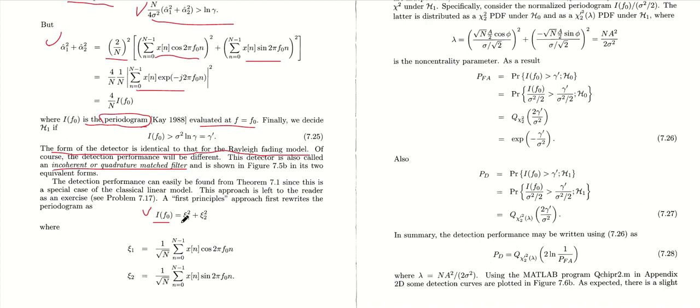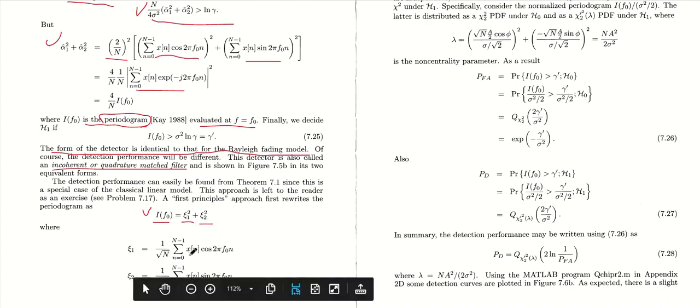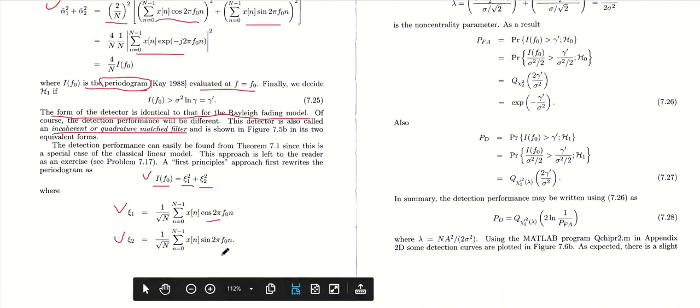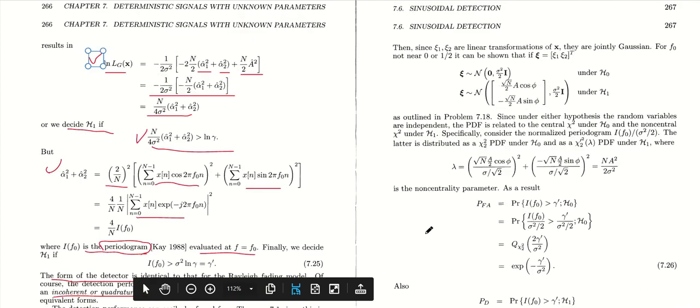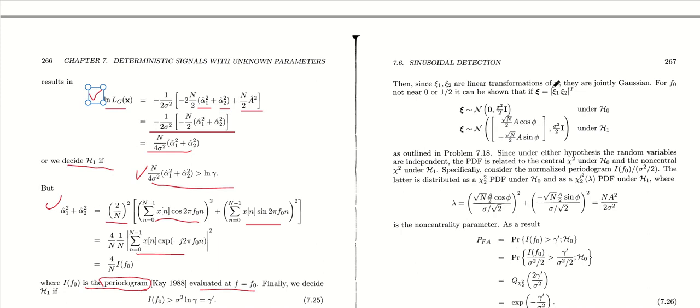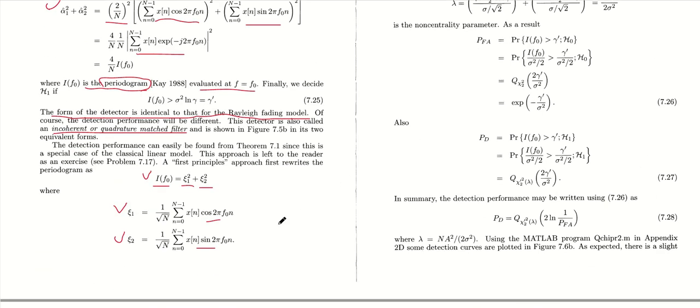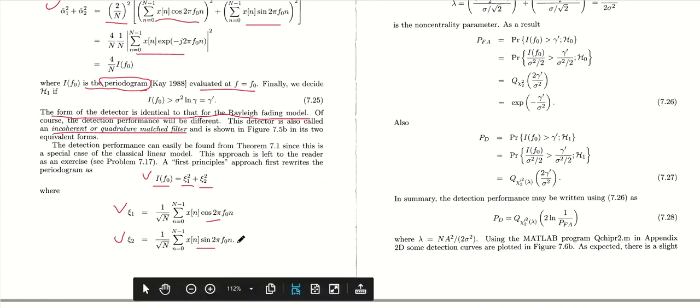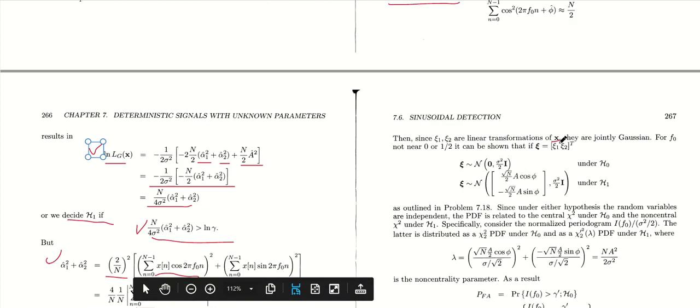Therefore, I0 can be decomposed into two components, one is the cosine, one is the sine. As a result, there are linear transformations of x transformed by what? By cosine and sine, right?